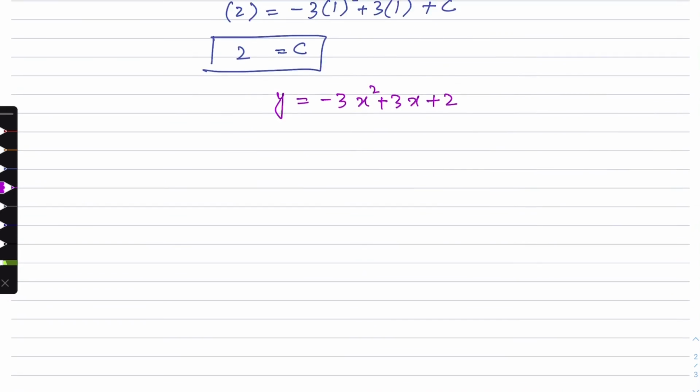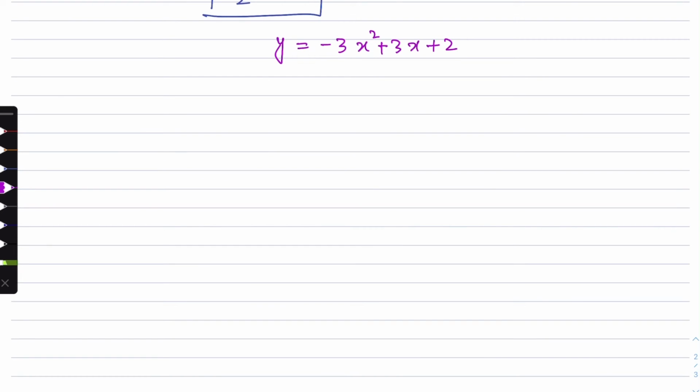Okay. The next question is d square y over dx square is equal to 2x minus 3, and here we have the point (3, 2). This is the maximum point on the curve.